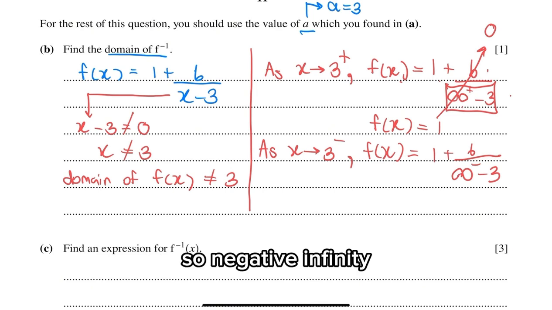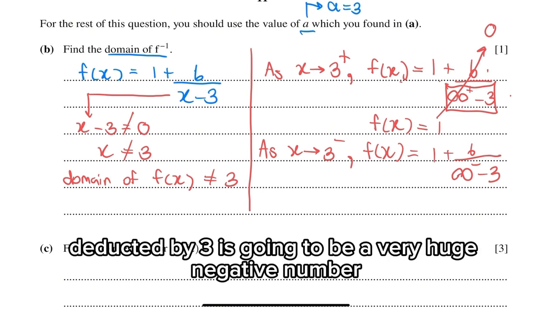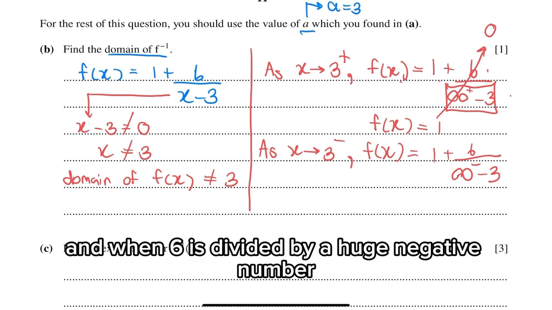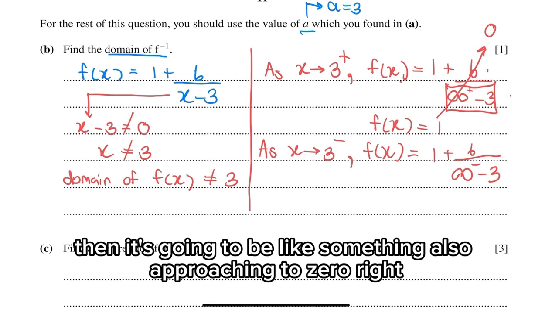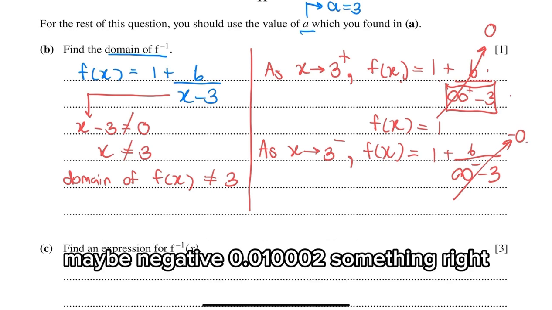So negative infinity deducted by 3 is going to be a very huge negative number. And when 6 is divided by a huge negative number, it's also approaching 0, maybe negative 0.01, 0.002, something like that.